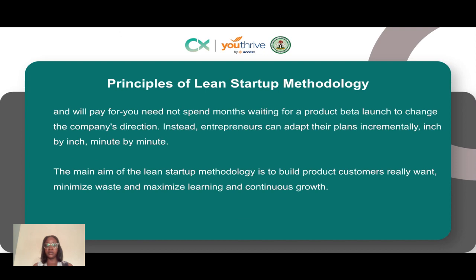So one of the principles is figuring out what customers are looking to have from your product. Now, the main aim of the lean startup methodology is to build products that customers really want, minimize waste, and maximize learning and continuous growth.